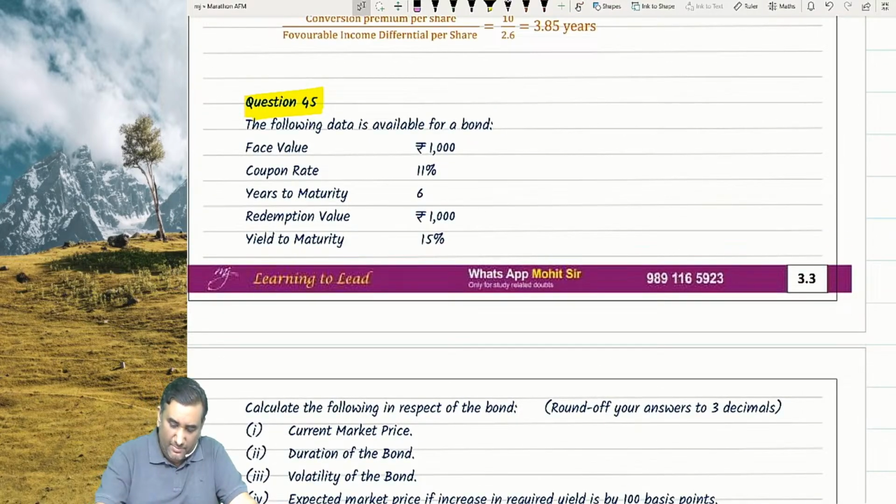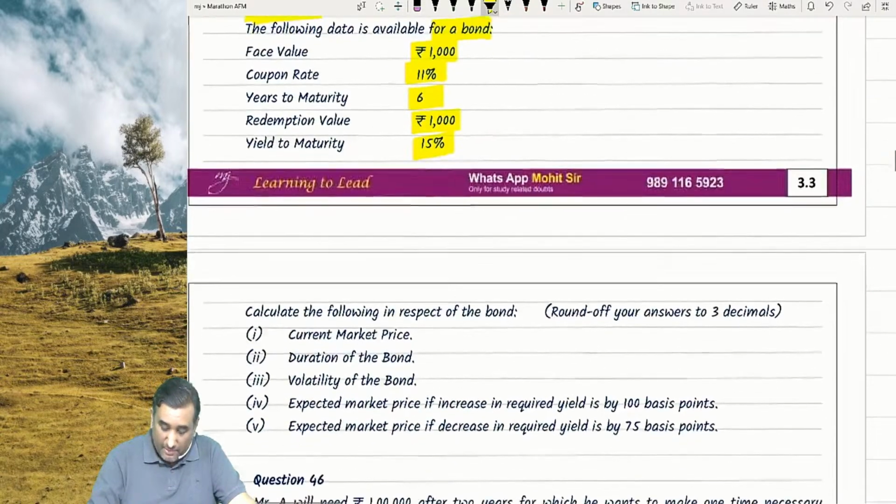The following data is available for a bond. Face value 1000, coupon rate 11%, 6015.